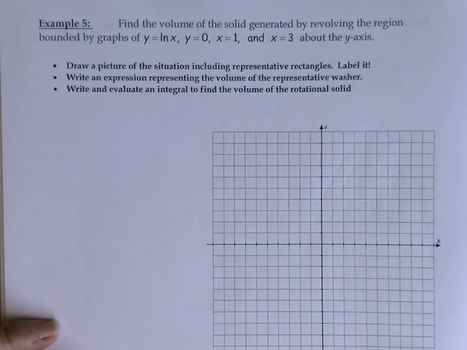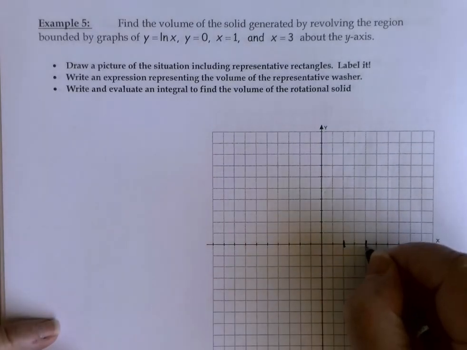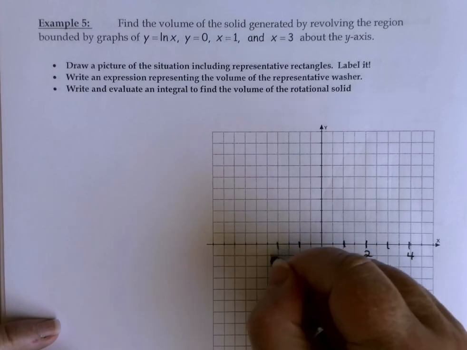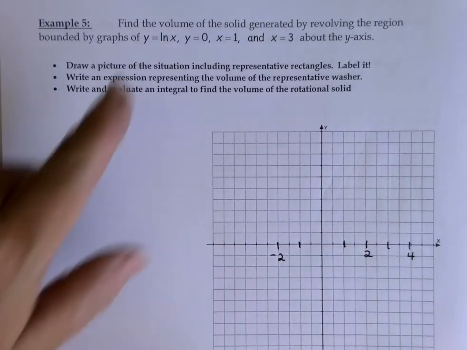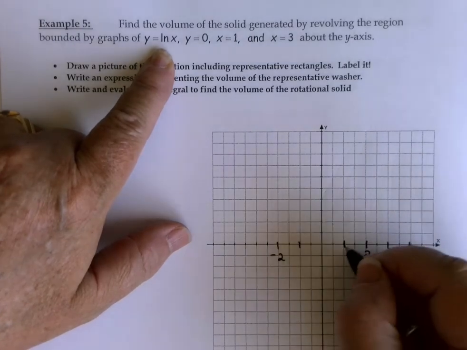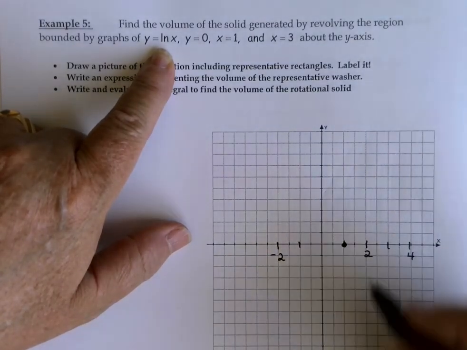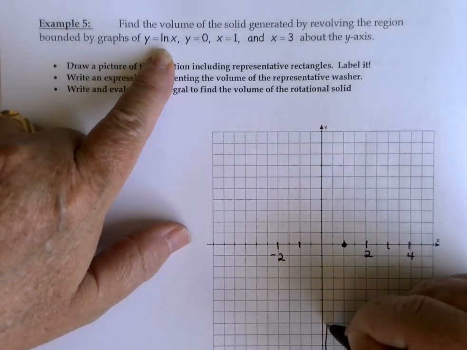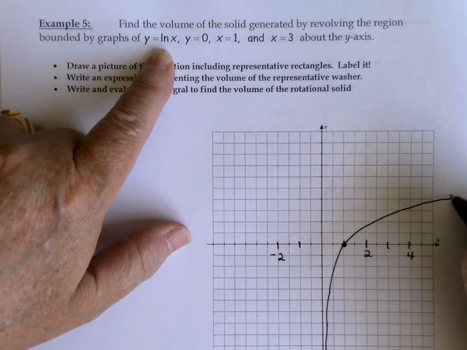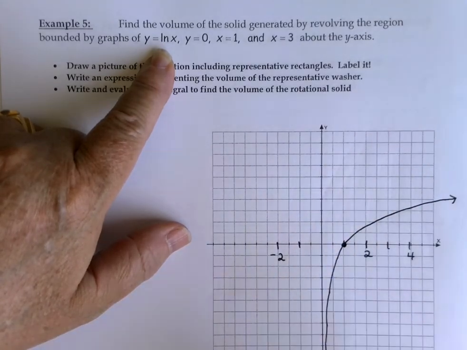Y equals ln x, you know what that one looks like, right? It's just got a vertical asymptote going down the negative y-axis. The x-intercept is here at 1, and then it just sort of goes up slowly from there. Something like that.